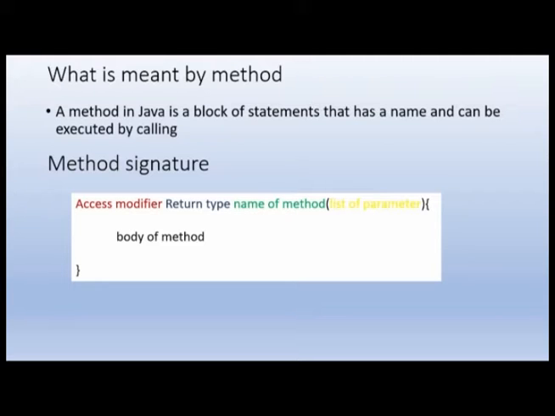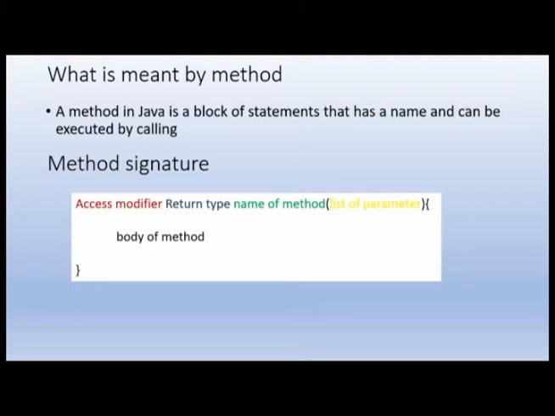And the third one is the name of the method. That is the method name. You can give a suitable name for your method, and inside the parentheses a list of parameters. The list of parameters is the values we pass to the method.